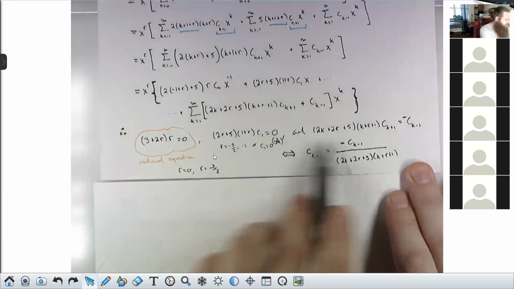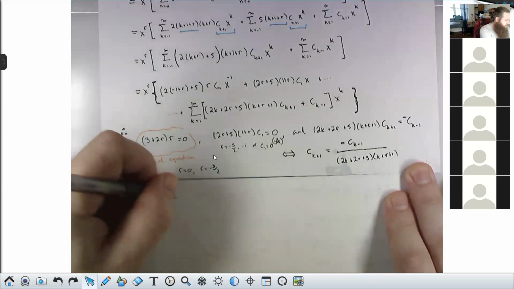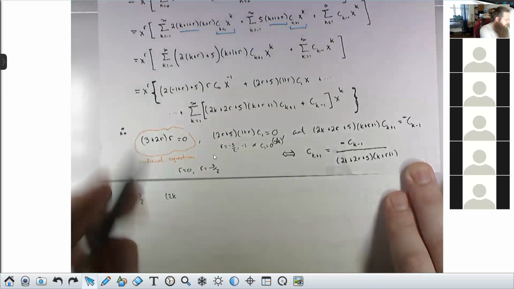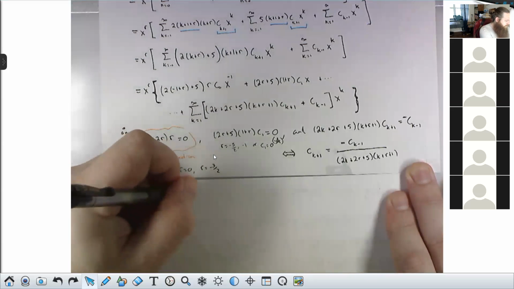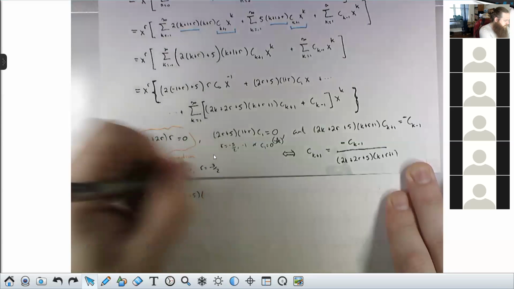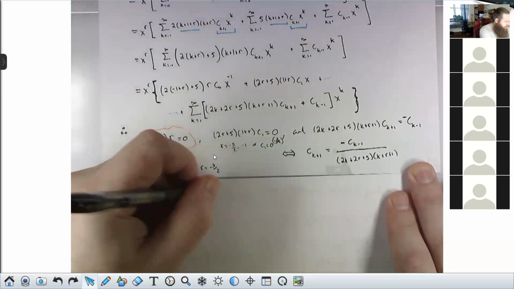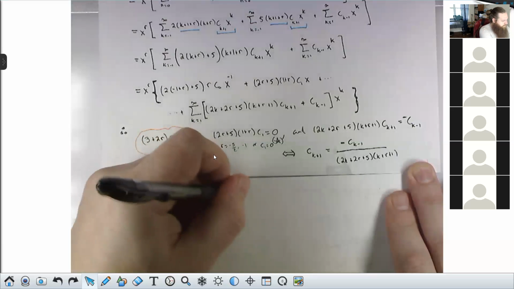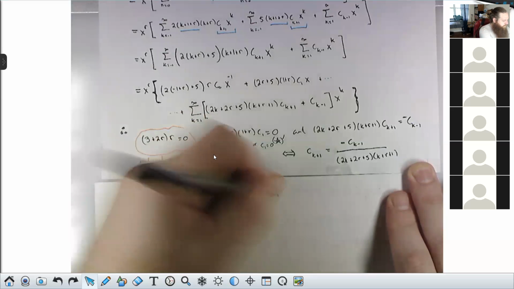Maybe it'd be easier to look at it up here first. So r is negative 3 halves. We'll have 2k plus 2 times negative 3 halves is minus 3 plus 5 times k plus r plus 1 is k minus 3 halves plus 1 times ck plus 1 equals negative ck minus 1.